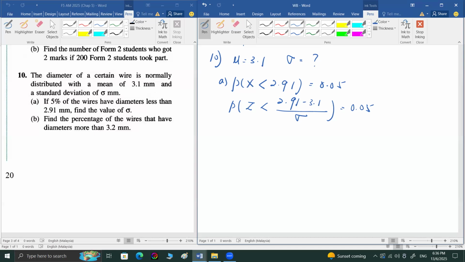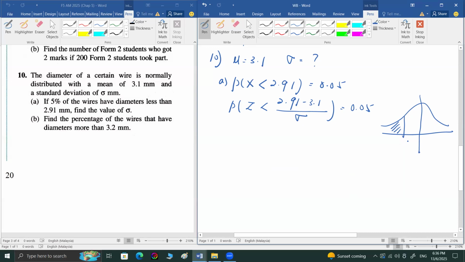First of all, we see this value, and we see less than. Less than means I shade to the left. And can you see this is less than 0.5? So I know that it's somewhere here. This one, I got a negative value.